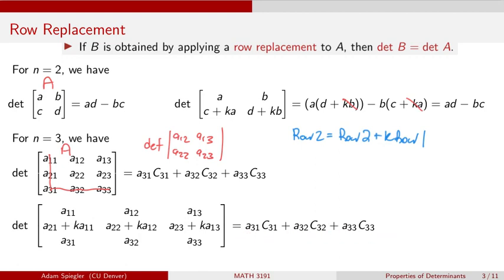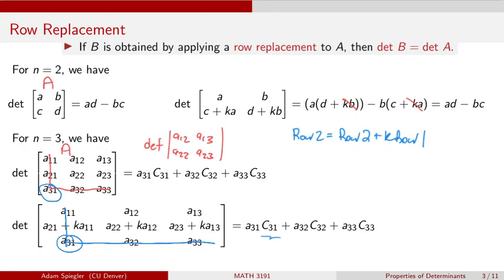Let's look at what happens in the first cofactor. I'm going to take A31, which is the same as the original A31 because we didn't change row 3 at all.